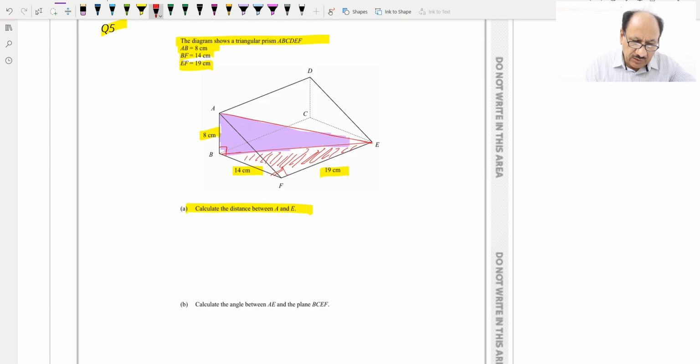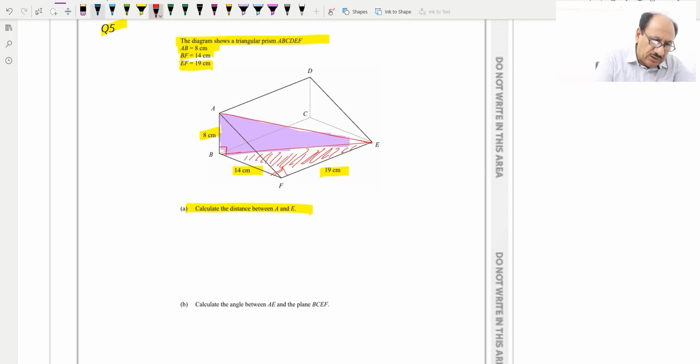So if we have this AF, then we can find AE by Pythagoras theorem by considering triangle AFE.